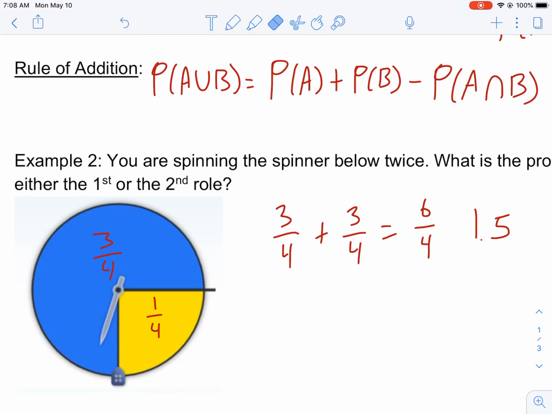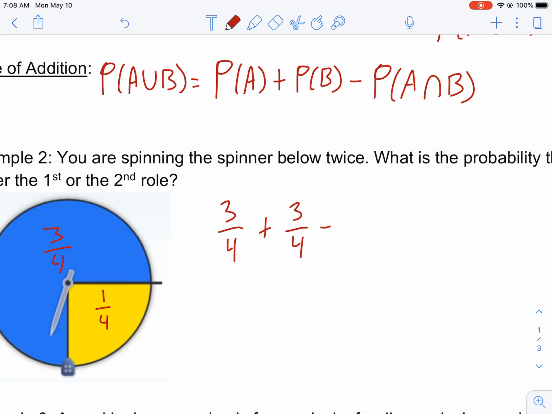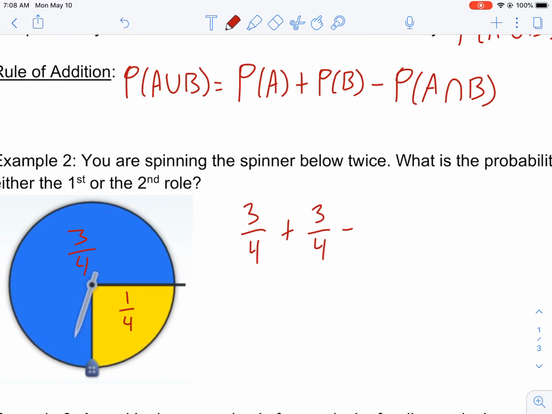And the reason for that is because when you're adding the 3/4 twice, you're over-counting. If you get the 3/4 twice, you're counting those both times each.